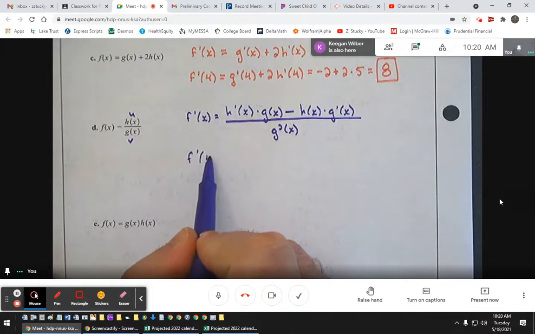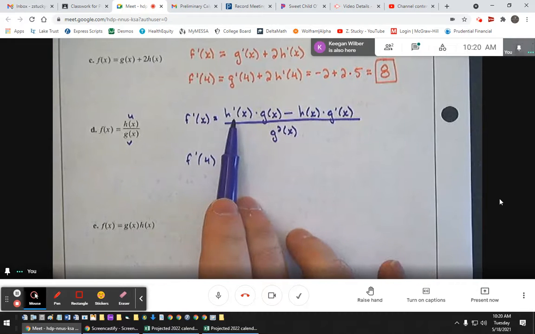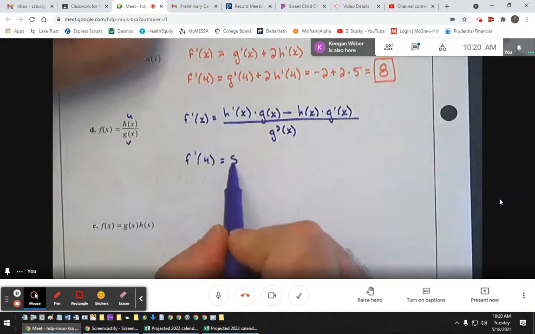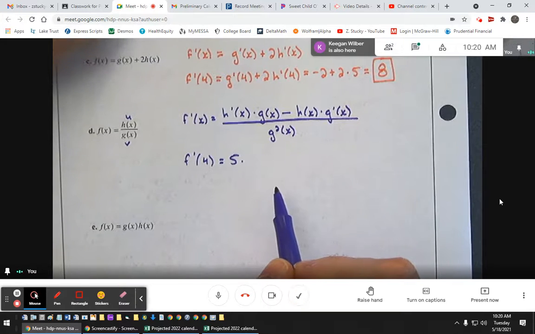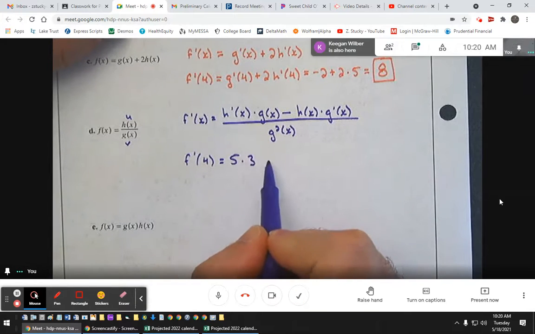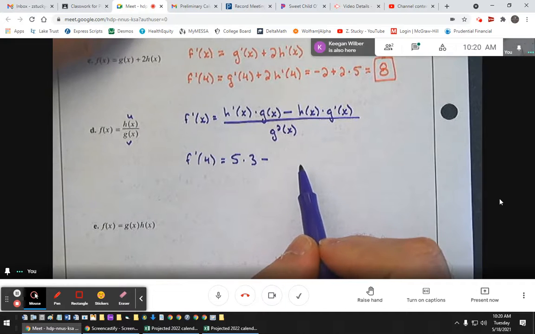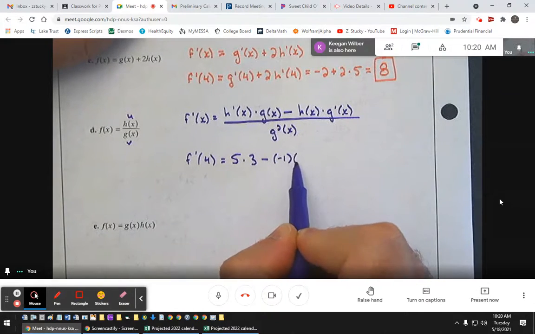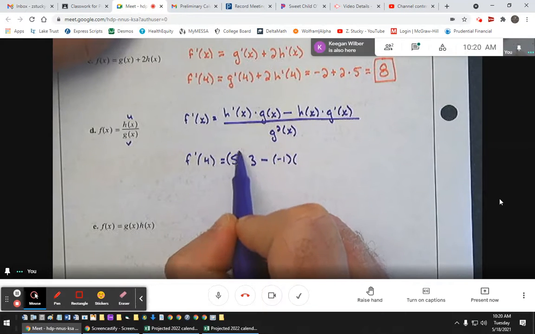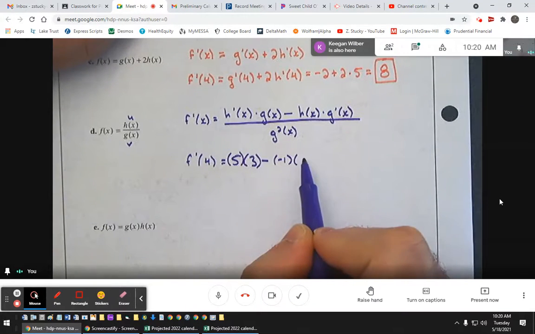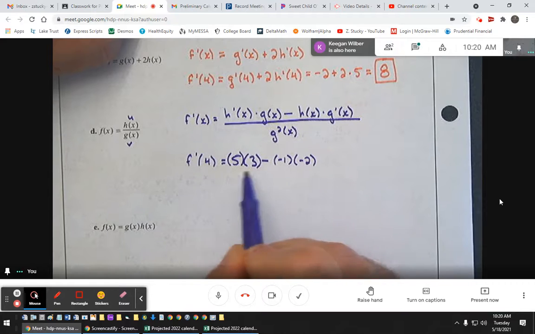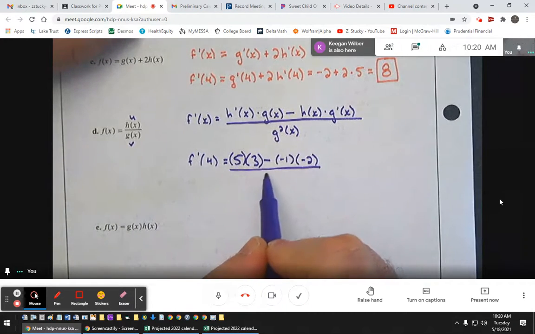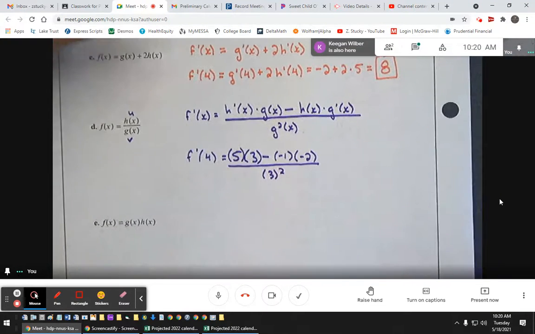F prime of 4 would equal, okay, I'm looking up at my chart. H prime is 5 times regular G is 3. Subtract H is negative 1, G prime is negative 2, all over G, which is 3, squared.